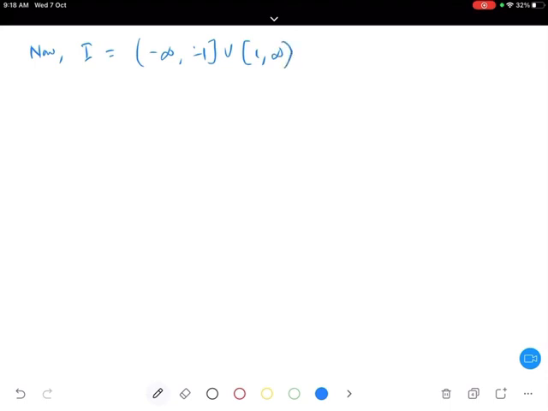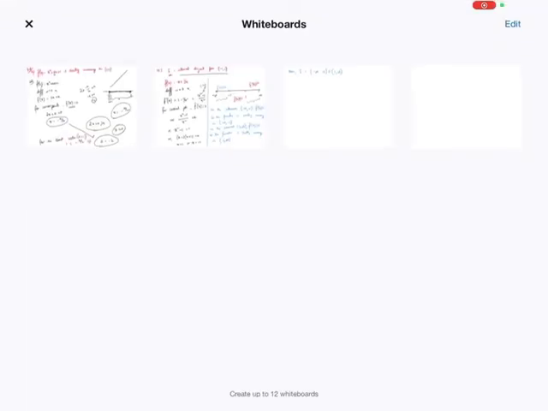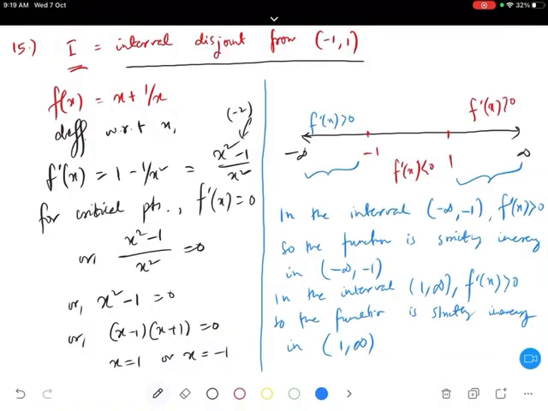We have already discussed why the interval is like this. So what we can see is that the function is increasing in minus infinity to minus 1, and the function is increasing in 1 to infinity, right? So combining those two, we can say that the function is increasing in both these intervals.